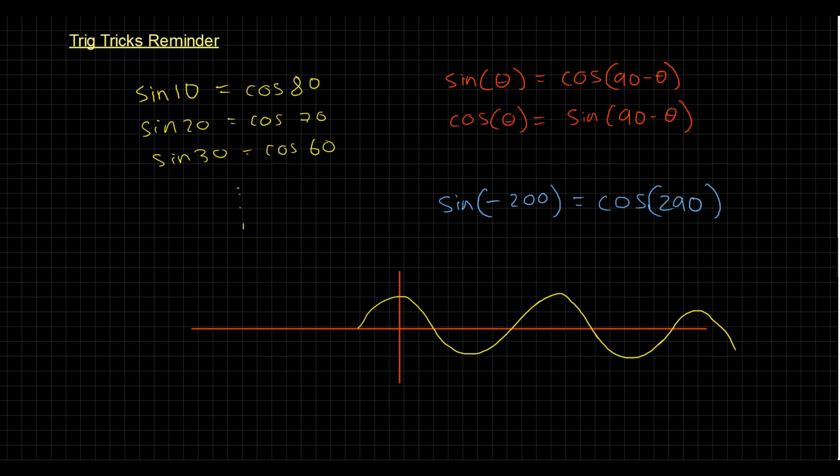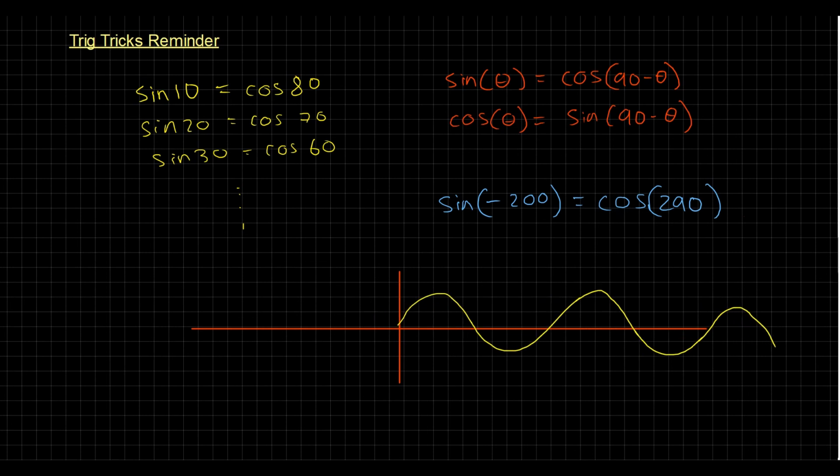And that works for every single possible value. Even though I haven't drawn the complete graph, it's infinite, it works at every value. So that's all this is really saying. It's saying sine and cos are actually exactly the same function, just shifted by 90 degrees, which is why we can do this rule. Okay, so that's my little reminder of that trick or lesson, I suppose, if you didn't know it.